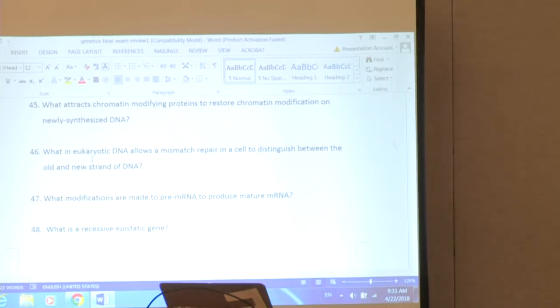So what modifications are made to pre-mRNA to produce mature mRNA? So does anyone want to tell me one modification? Yeah, good. The 5' cap, and then you said poly A tail, right? And then one more thing. Yeah, really good. So introns are removed.